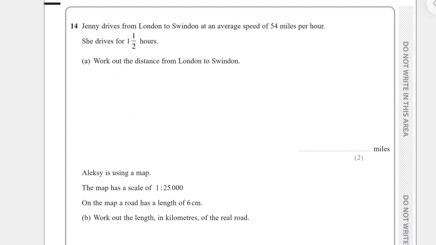Jenny drives from London to Swindon at an average speed of 54 miles per hour. She drives for 1.5 hours. Work out the distance from London to Swindon. Speed is equal to distance over time, right?